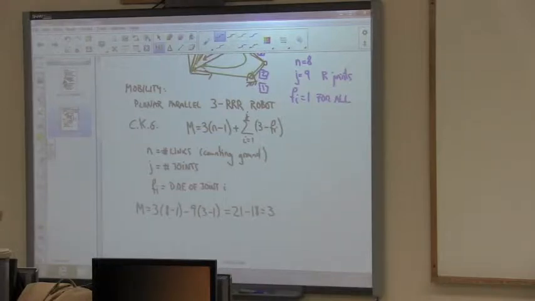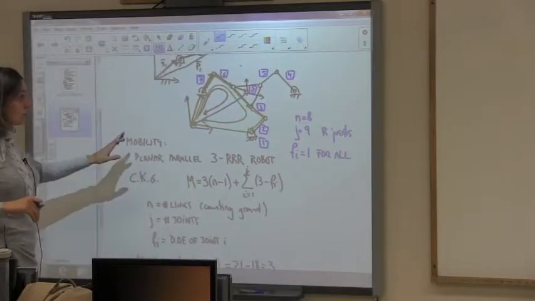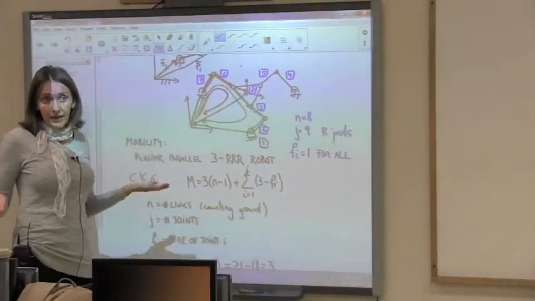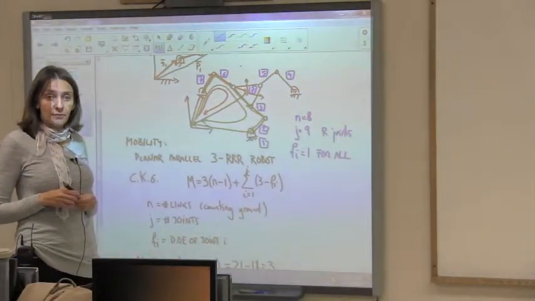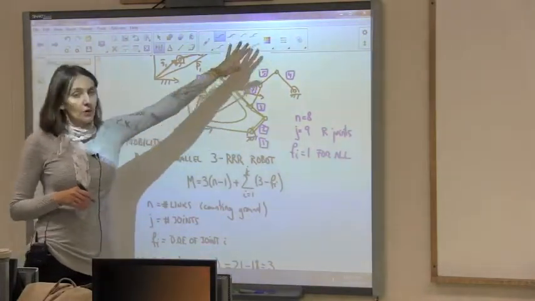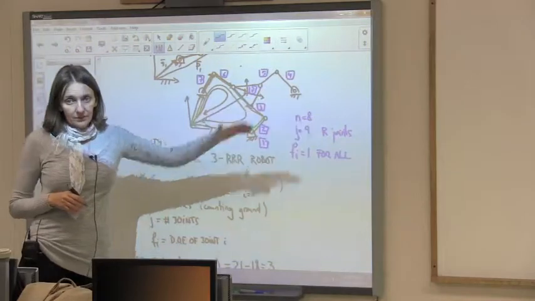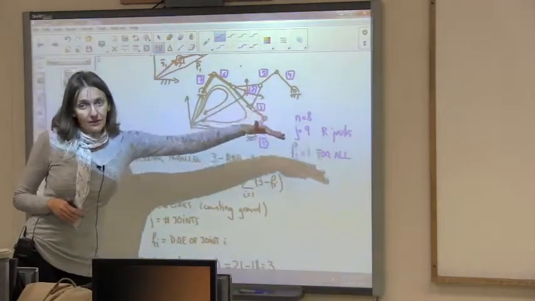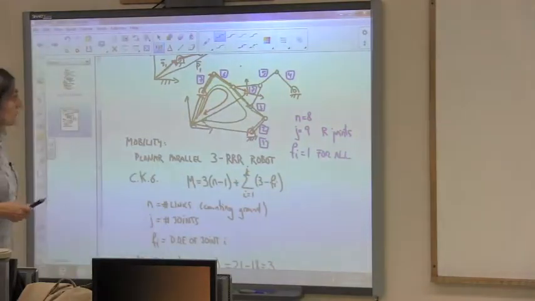So it does move, okay? Not only does it move, but it has 3 degrees of freedom, which means it can actually reach any planar position within its workspace, and that's determined when you fully extend. You will see when you fully extend one leg, that's as far as it can go in that direction, right?